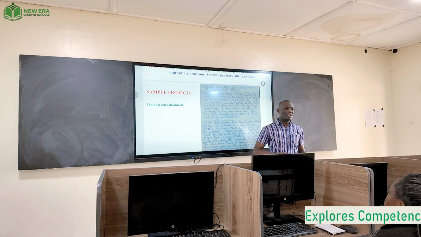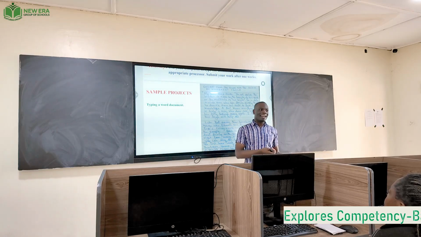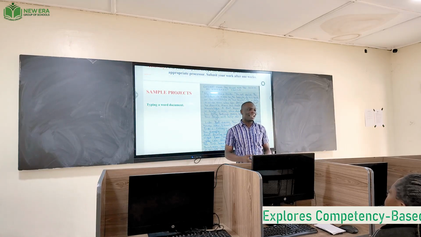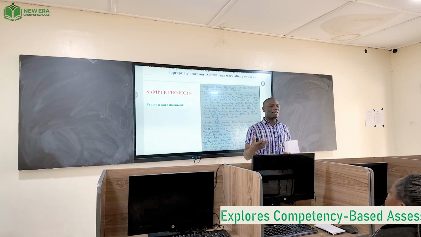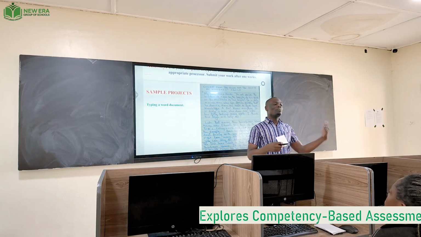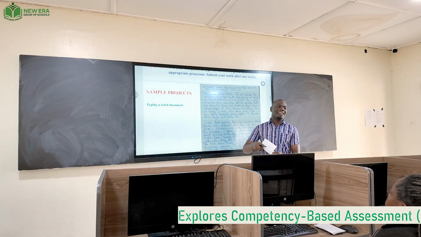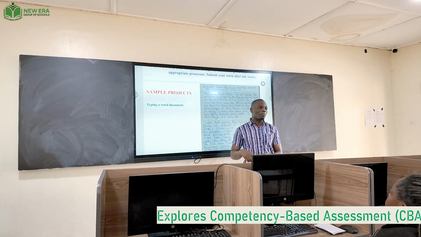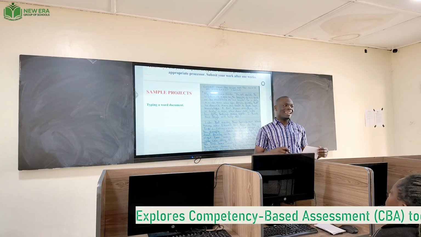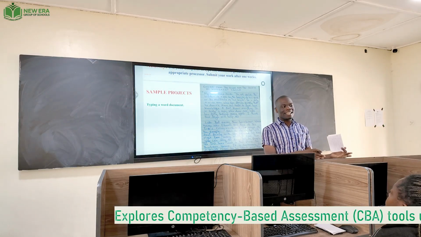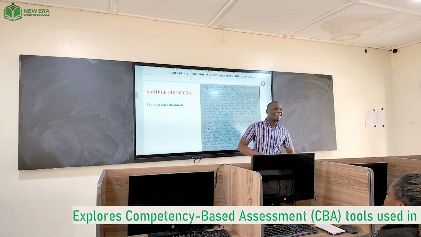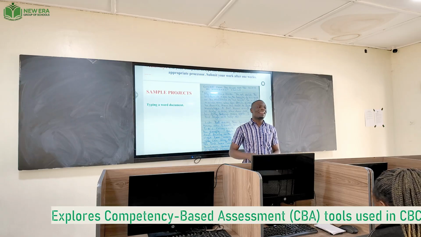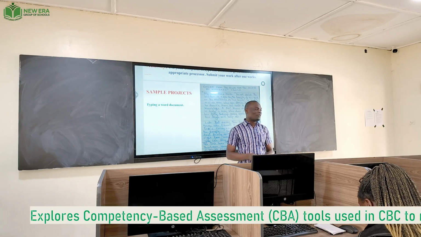You can rate the student through the rating scales using the checklists. Then you upload the marks, using maybe observation schedules. You can present their marks electronically on the website, or you can present it physically.